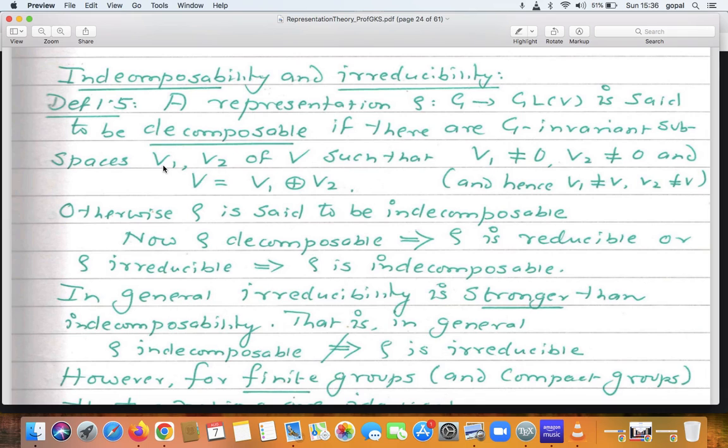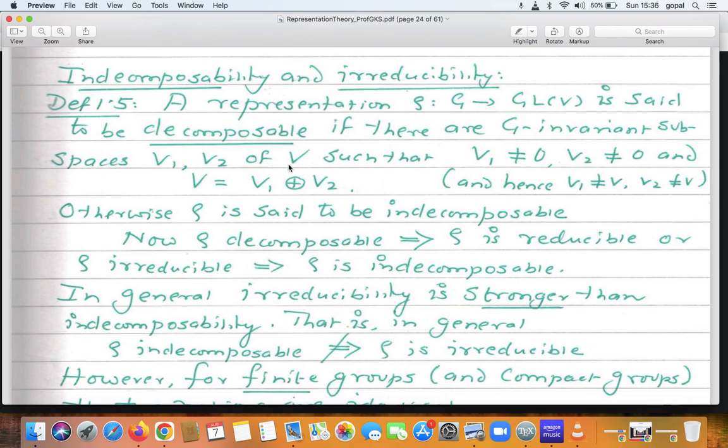So you will get a representation on V1 and a representation on V2. Correct? Or for example, I can take a basis for V1 and a basis for V2 and string them together and get a basis for V.